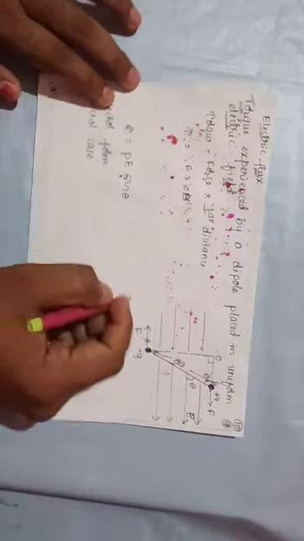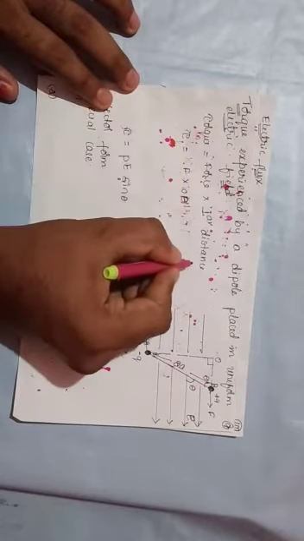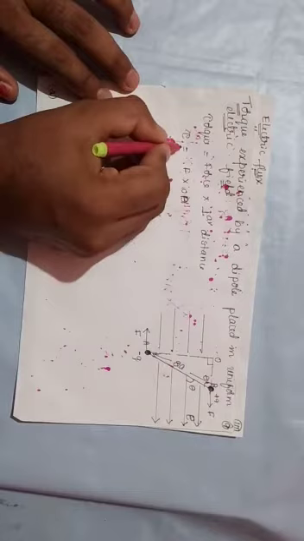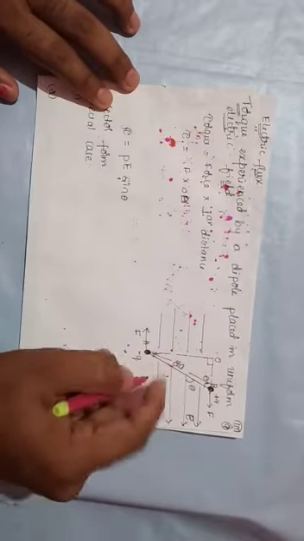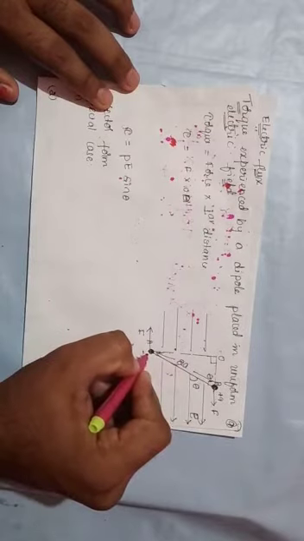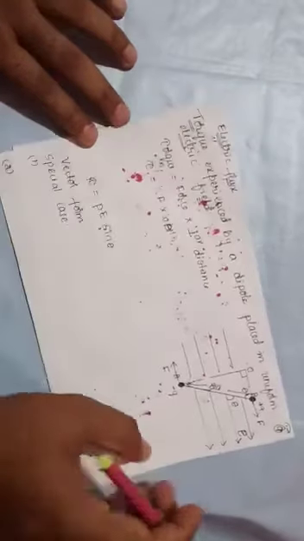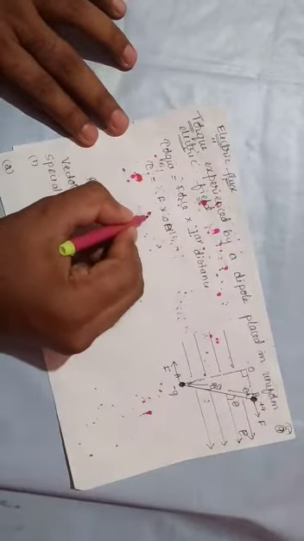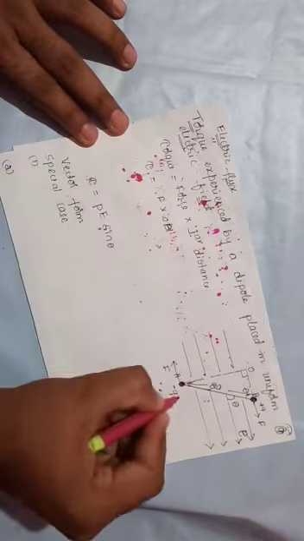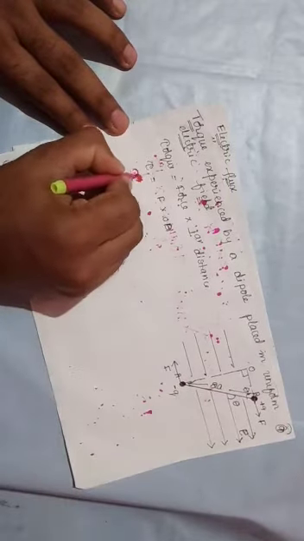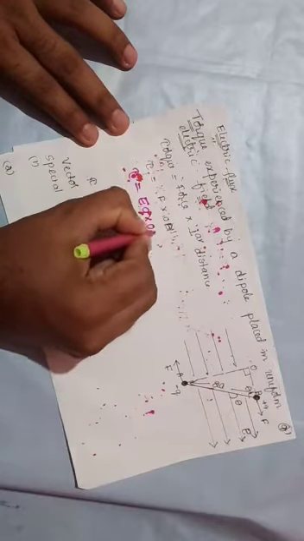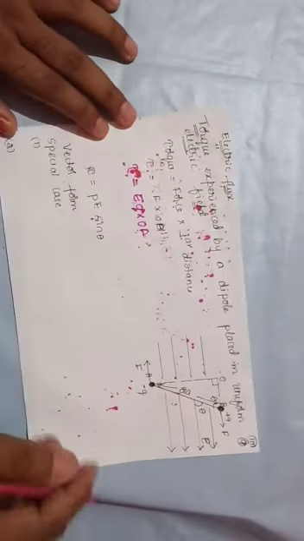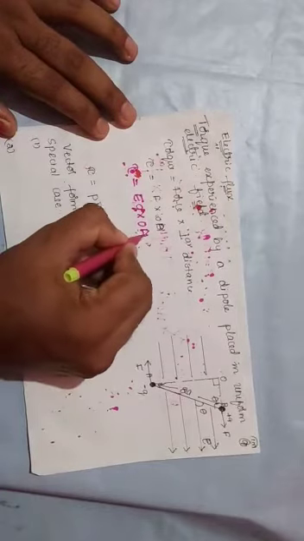We all know that torque is force into perpendicular distance. That is, tau is equal to F into OA, where OA is the perpendicular distance. But F is nothing but E into Q, so tau is equal to E into Q into OA. Now we have to get the value of OA.